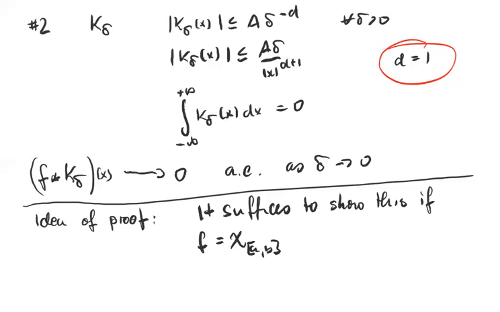After all, what we're looking at, the convolution, is an integral, and integration is linear. If we can show it for the characteristic function of some interval, we can show it for any simple function.